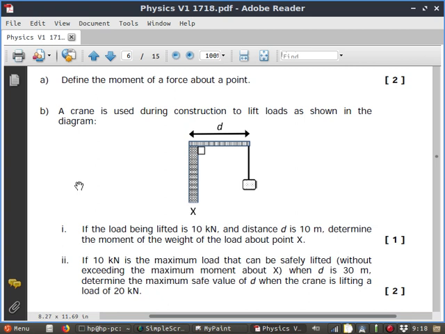If you read the rest of the question, you might get an idea. The load being lifted is 10,000 Newton.